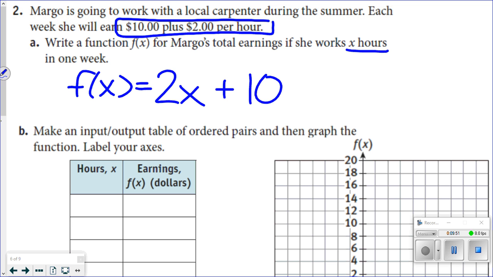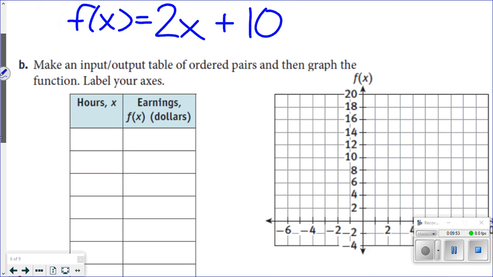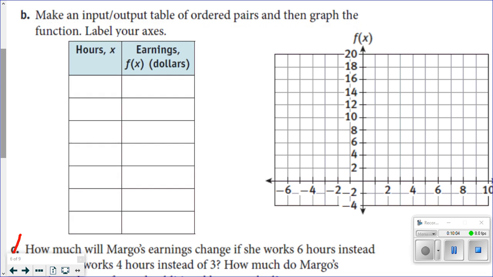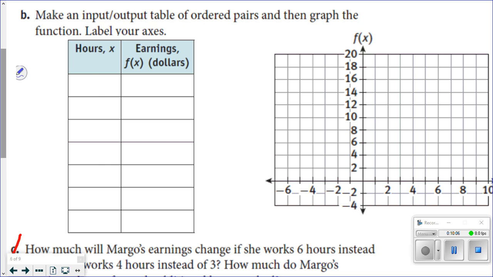Okay, question B. Again, we're going to make an input-output table of ordered pairs, and then we're going to graph it. So let's fill in our hours here. We're going to go 0 on up.